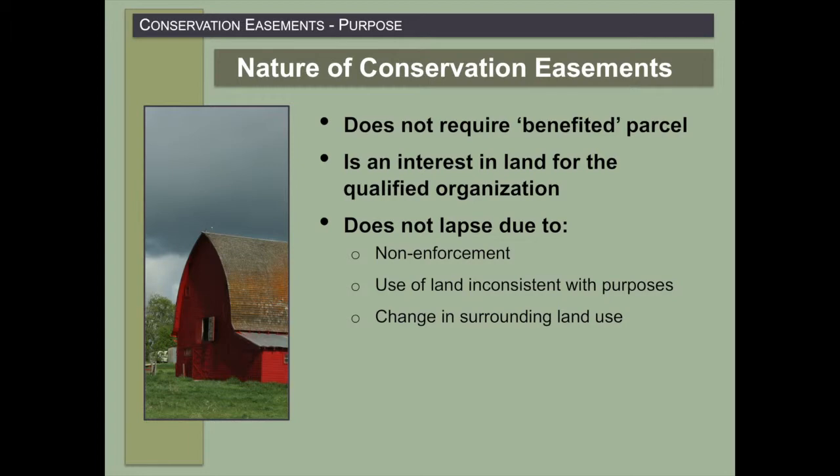I need to highlight that if certain things happen, such as non-enforcement of one of the clauses, or the land use is inconsistent with the purposes of the easement, or there's a change in surrounding land use, that doesn't automatically dissolve or lapse that easement. That easement is there as a contract regardless of those things happening. People can argue against them and you can get into debates on them, but because those things happen, they don't automatically disappear.